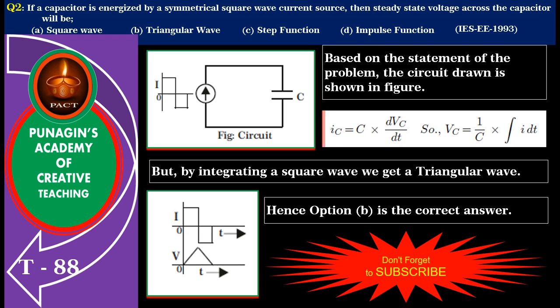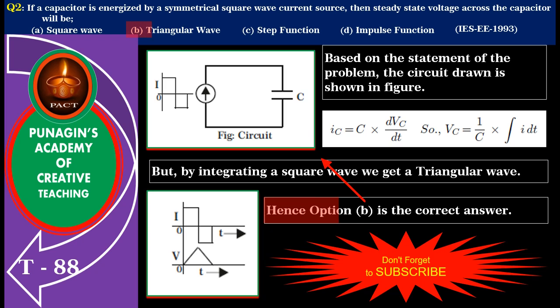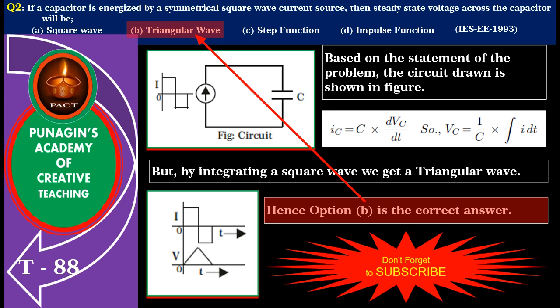But we know Ic is equal to C into dVc by dt. So, Vc is equal to 1 upon C into integration of i dt. But by integrating a square wave, we get a triangular wave. Hence, option B is the correct answer. Very simple and straightforward, isn't it?